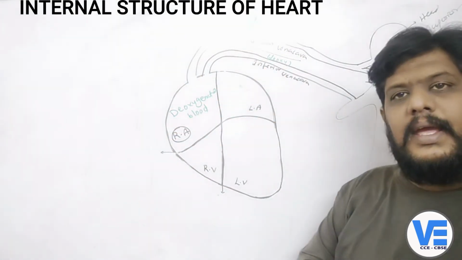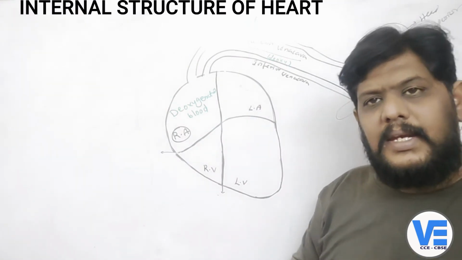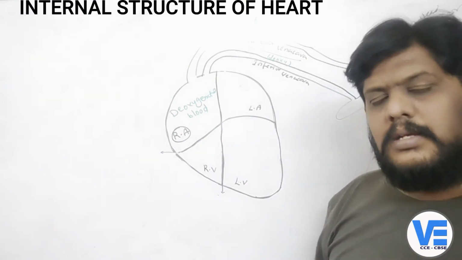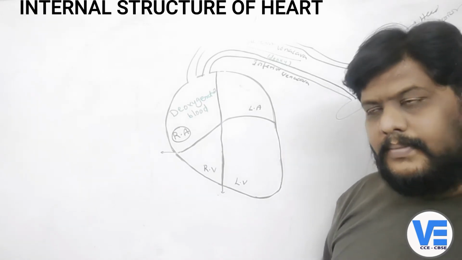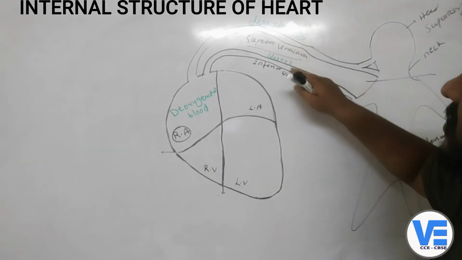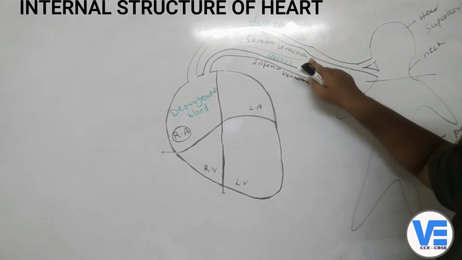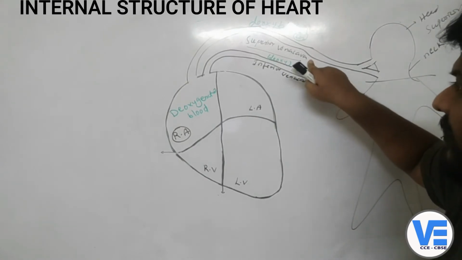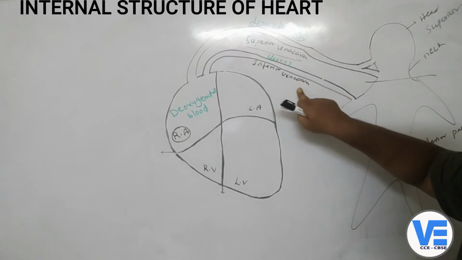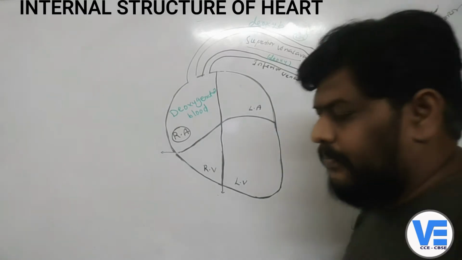So the right auricle is a place where the complete deoxygenated blood will be stored. Is it clear? Now how many vessels have we completed here? We completed 2 blood vessels. One is the superior vena cava and the second one is the inferior vena cava.